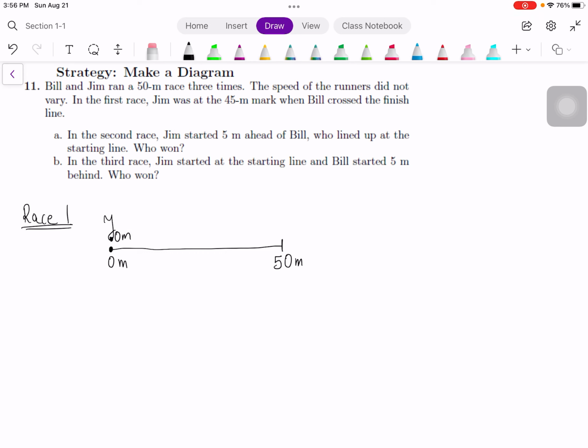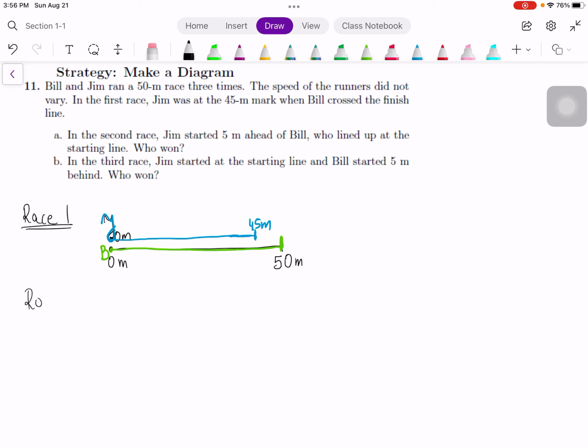I'm going to make a separate line for Jim. Jim went to the 45-meter mark, while at the same time Bill did 50 meters. So blue will be Jim and green will be Bill. I also like using colors, so diagrams with colors are even better. That's a visualization of the first race.